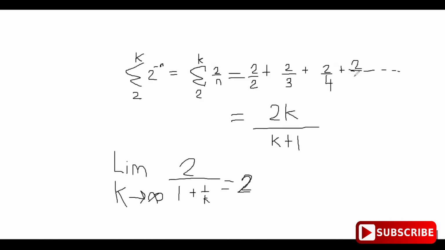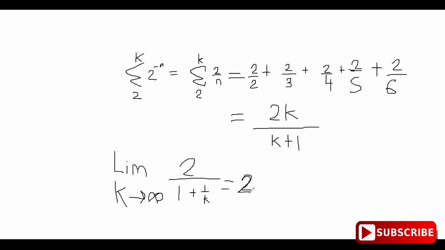You have 2 over 2 plus 2 over 3 plus 2 over 4 plus 2 over 5 plus 2 over 6. Keep adding this, you're going to get something bigger than 2. Clearly. Are you getting what I'm saying? Yes, sir. So the limit is 2.